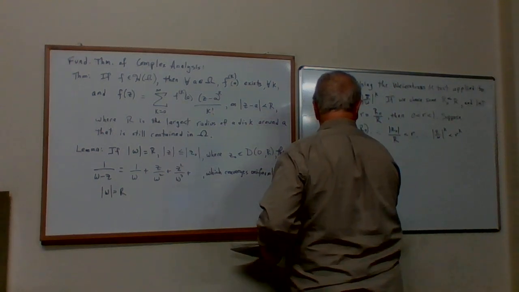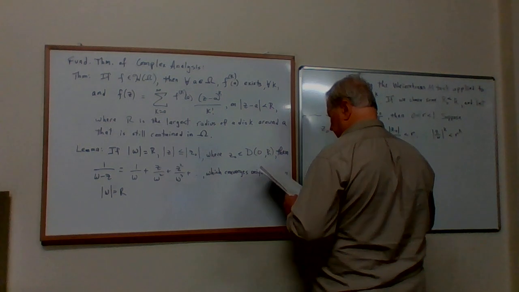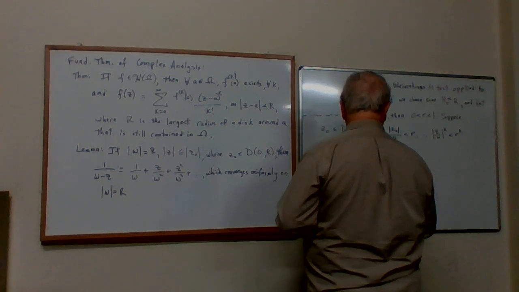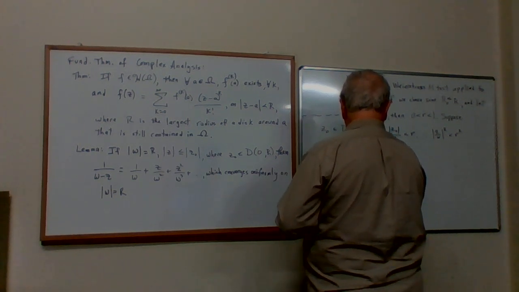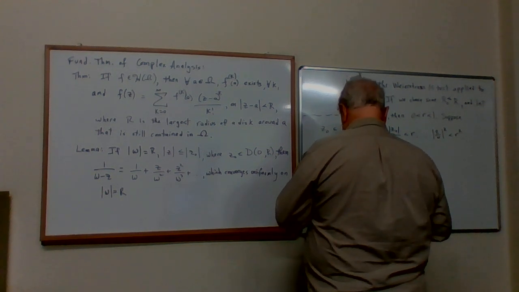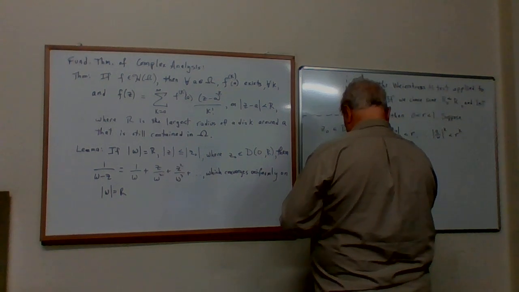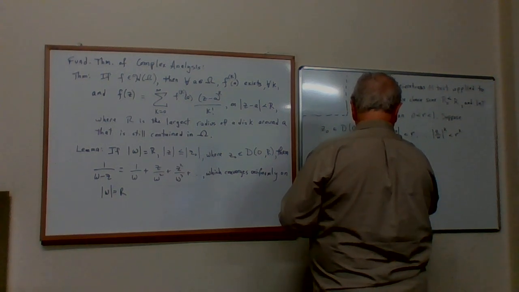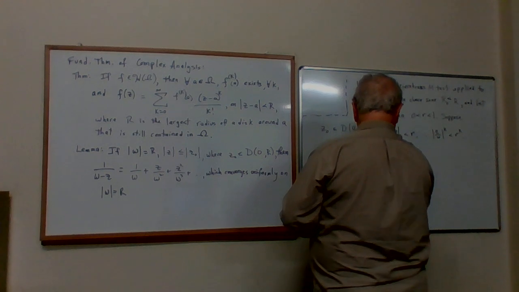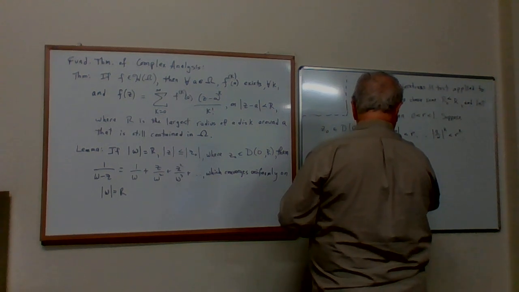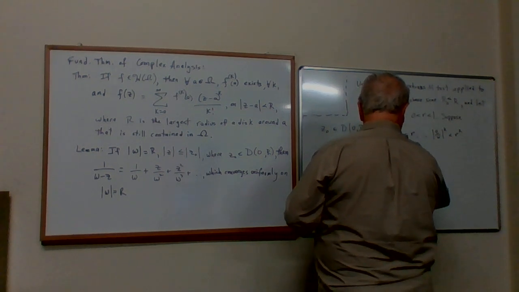Therefore, the sum of |z over w|^k is less than the sum of r to the k, which is finite.